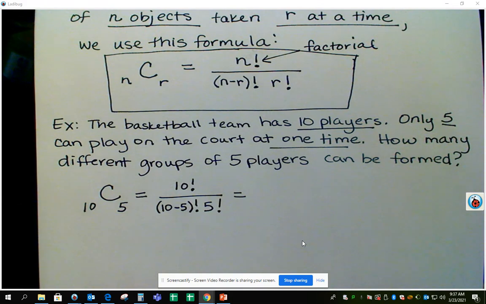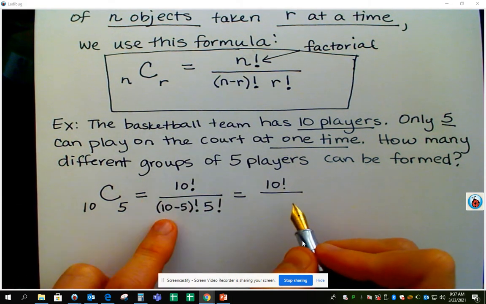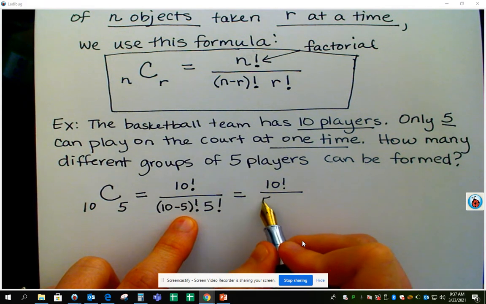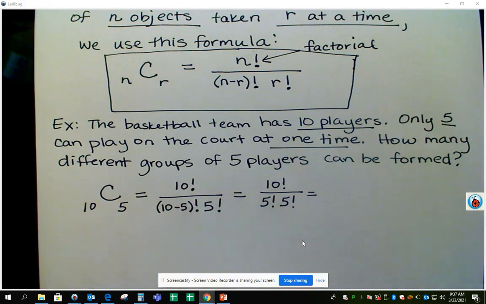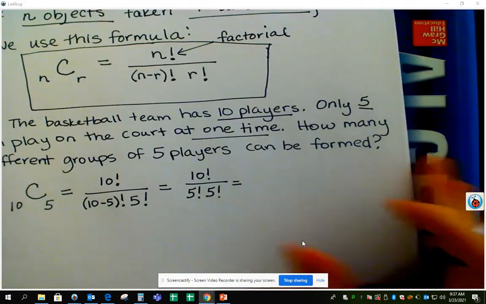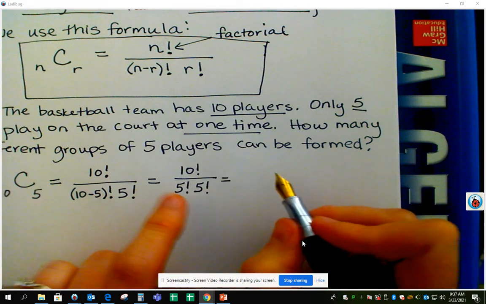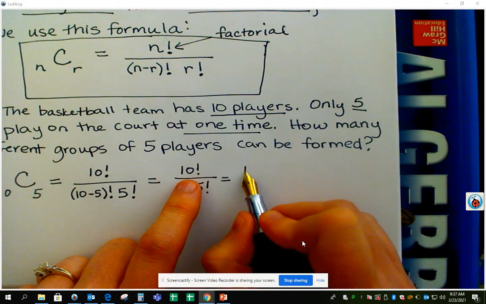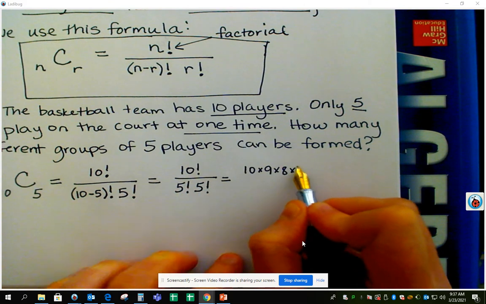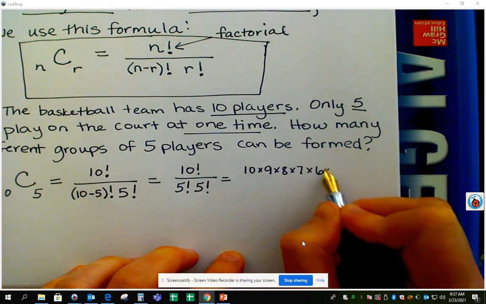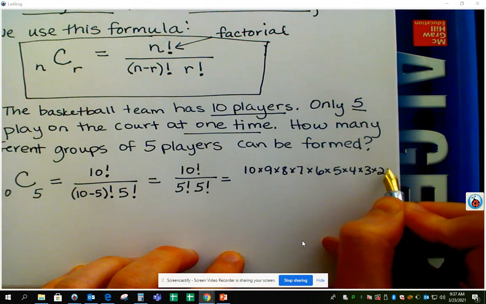So let's simplify this a little first. We've got 10 factorial, 10 minus 5 is 5 factorial, and 5 factorial. Now, what factorial means is it's a counting principle. It's how we find all these combinations. So we would write 10 times 9 times 8 times 7 times 6 times 5 times 4 times 3 times 2 times 1.